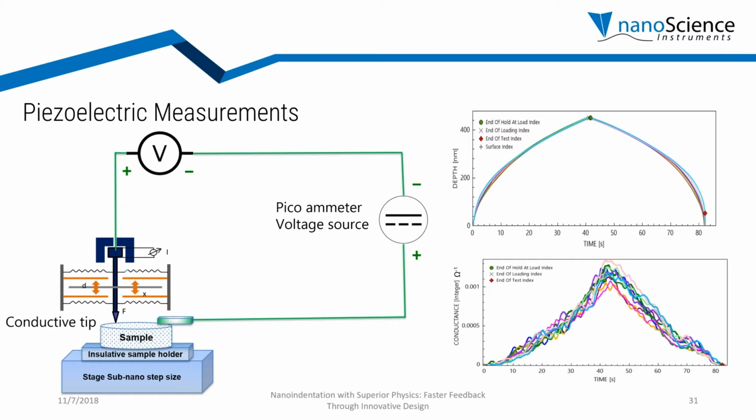So now let's talk about some more advanced tests, something that is very useful in some applications, but not everybody is aware of it. And I will show you how a nanoindenter can actually be used to perform these tests as well. So the slide here shows you the piezoelectric measurement.